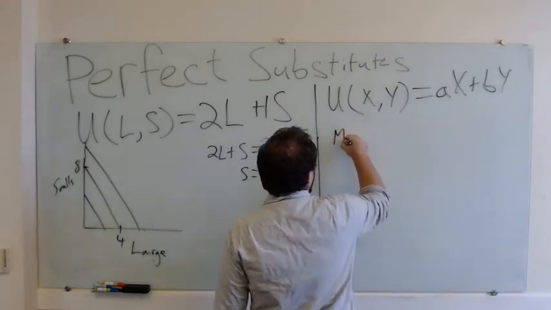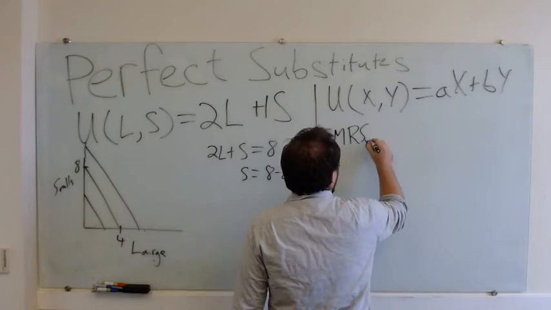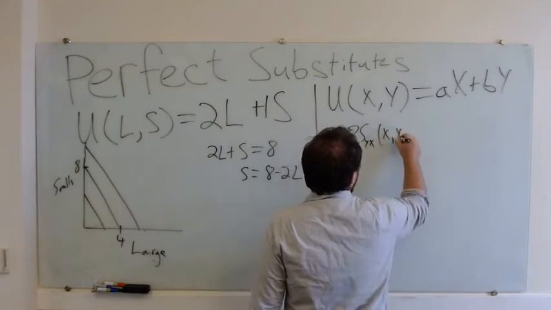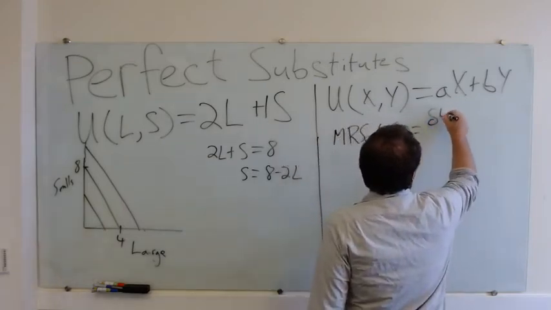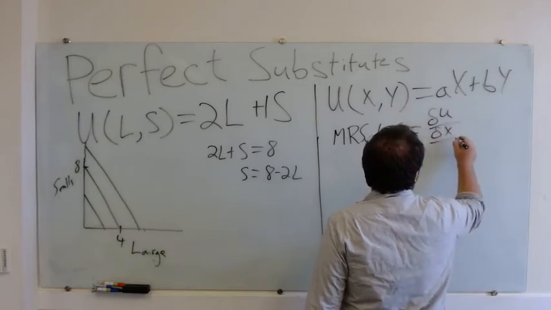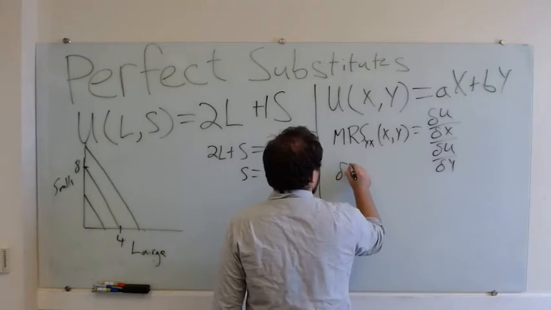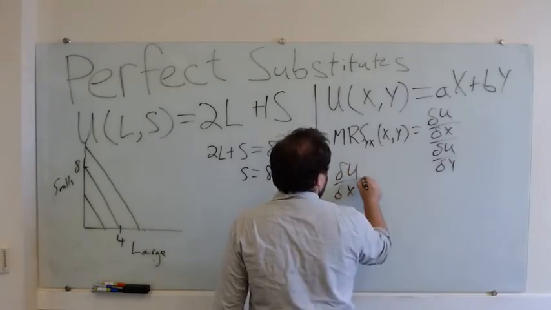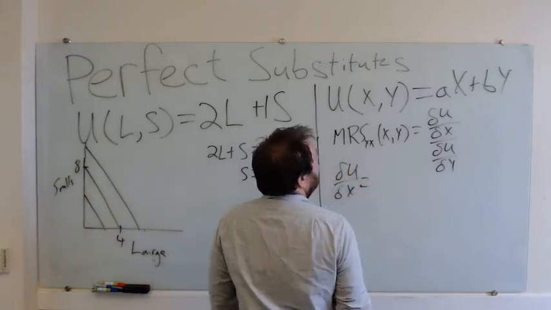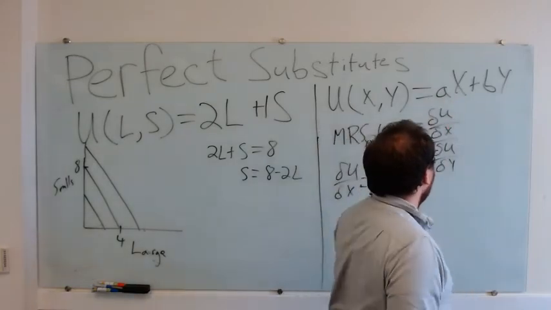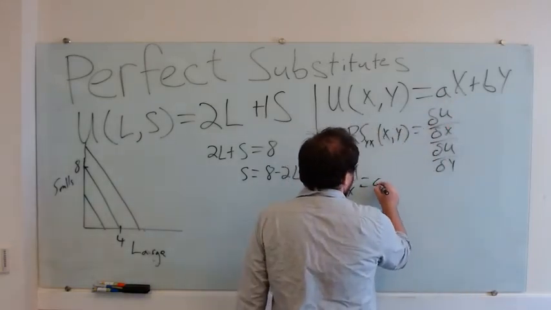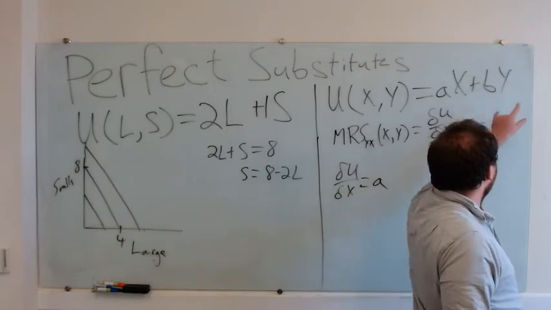So we would say our MRS_yx of x and y is going to equal dU/dx over dU/dy. We'll say dU/dx is going to be, well, the derivative of a times x with respect to x is just a. The derivative of b times y with respect to x is 0.